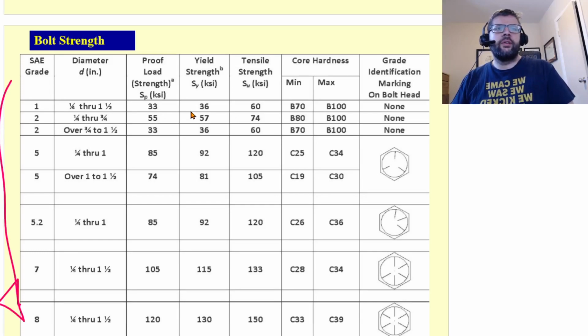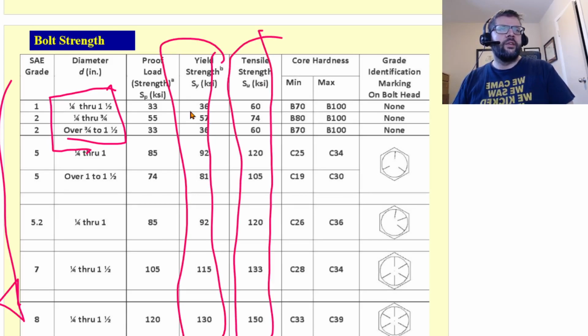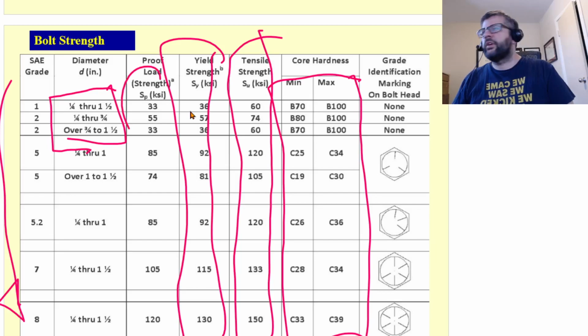Certain grades come in certain diameters, and those have certain yield strengths, ultimate tensile strengths, hardnesses based upon different tests, and proof loads, and we'll talk about proof loads in a second. Some of them will have different markings on the bolt head to tell you what sort of grade we're talking about.